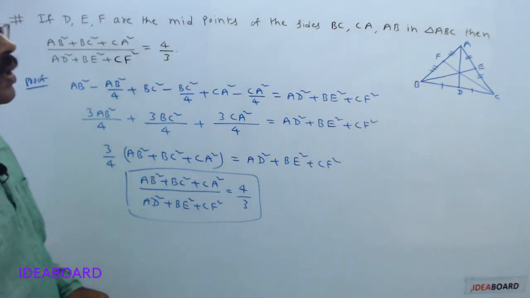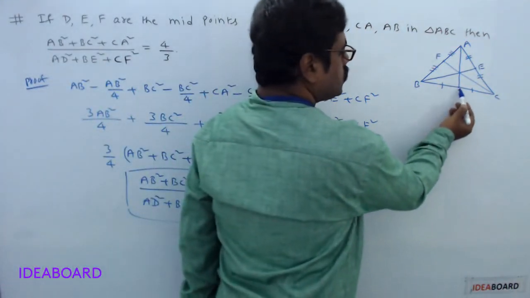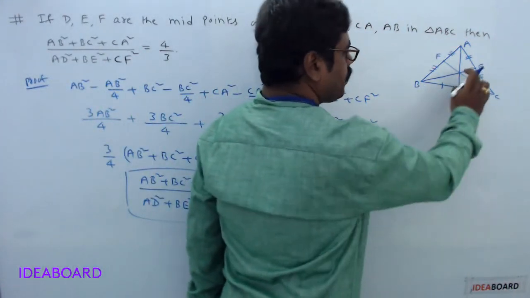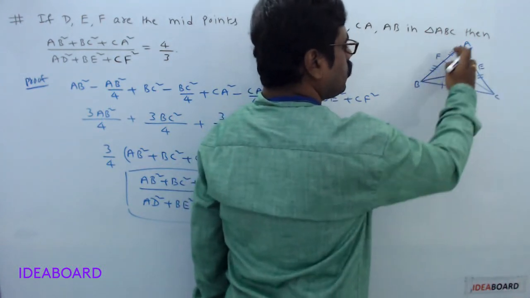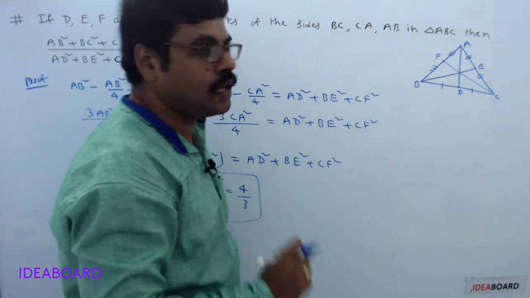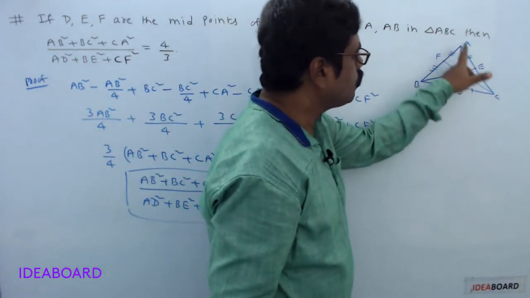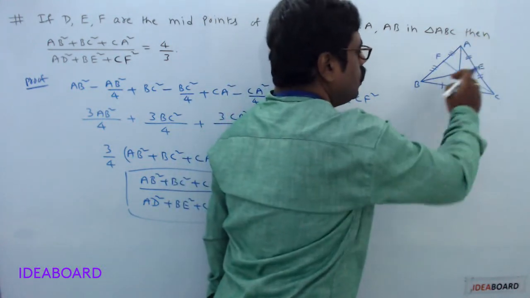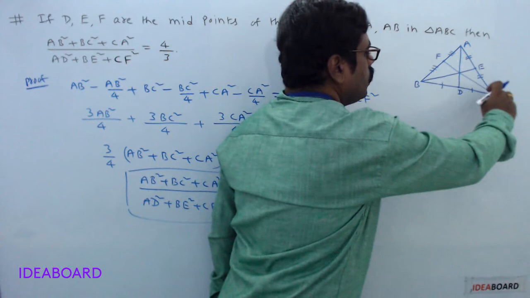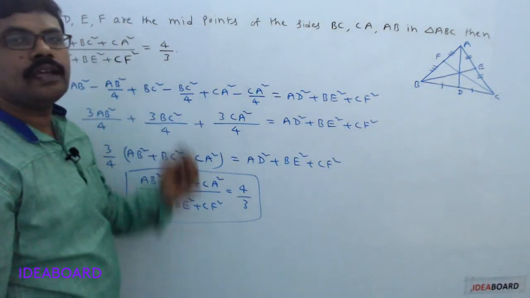Now see the statement of the formula once again. If D is the midpoint of side BC, E is the midpoint of the side CA, F is the midpoint of the side AB, then AB square plus BC square plus CA square divided by AD square plus BE square plus CF square equal to 4 divided by 3.